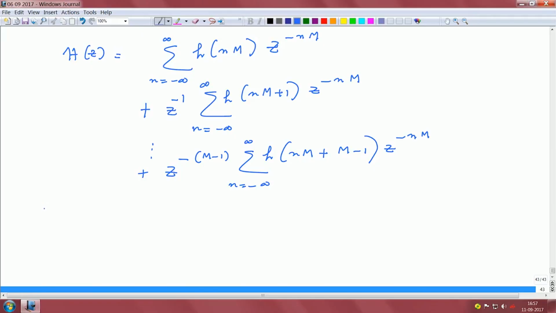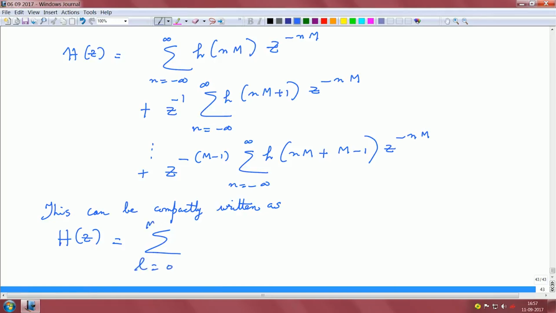And this can be compactly written h of z is sum L equals 0 to m minus 1 delay z power minus L times e suffix L z power m, and this is basically type 1 polyphase.